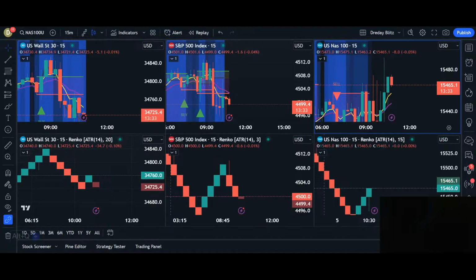We're still going to wait for the candle to play out, and we'll be back 5 minutes before the end of this current candle to close this session.